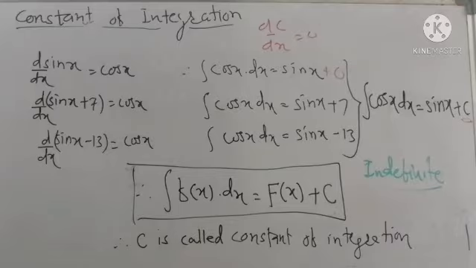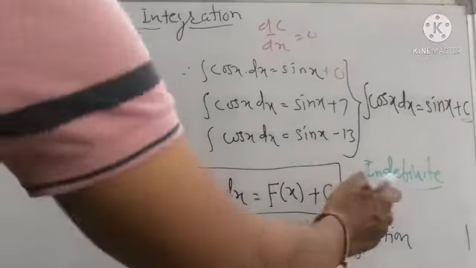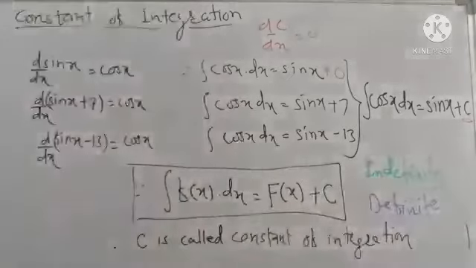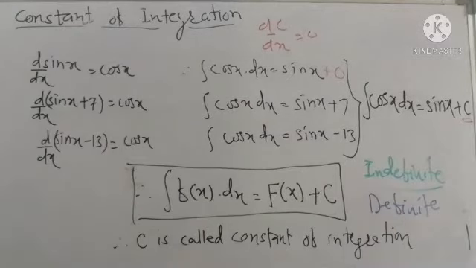If the value of c is known or defined, then such an integration is called definite integration. Integration has two types: one is indefinite and the second is definite integration.